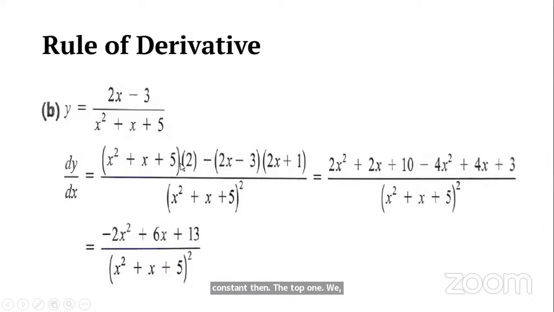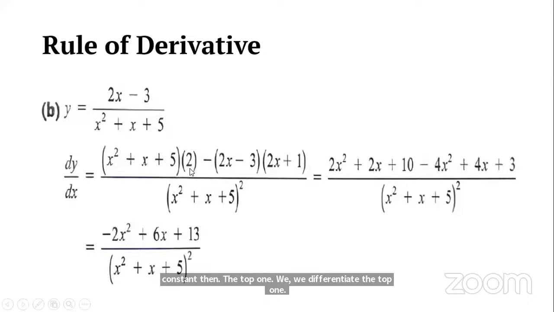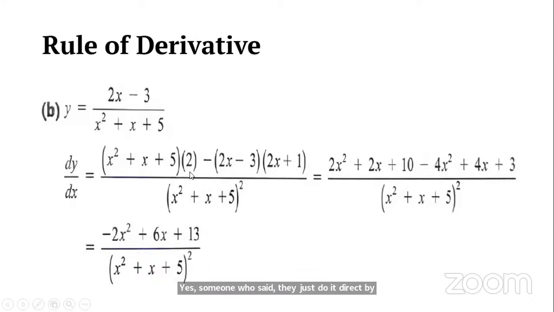Yes, someone will say that here they just do it directly by writing 2, because we know that that's how it will go. But if you want to put everything here, it will become too cloudy because we are trying to present it. That's why we try to remove some of our steps. But I told you in the last tutorial to never miss steps.